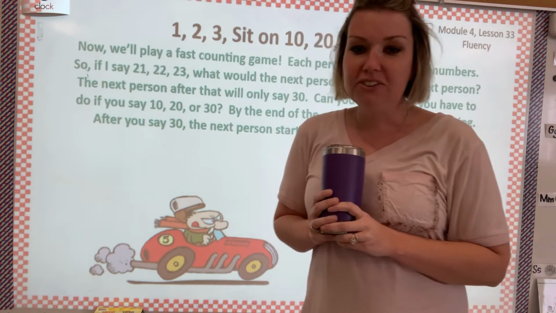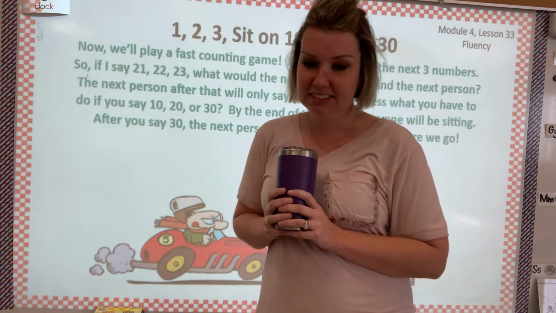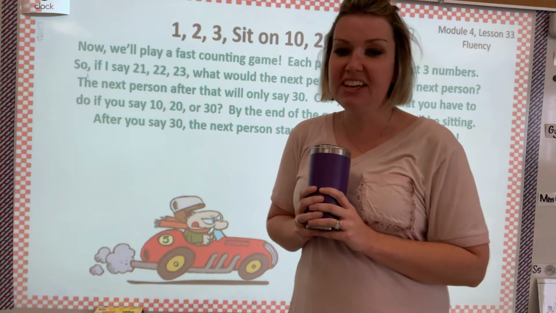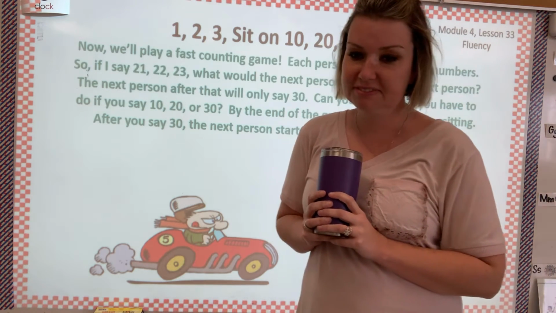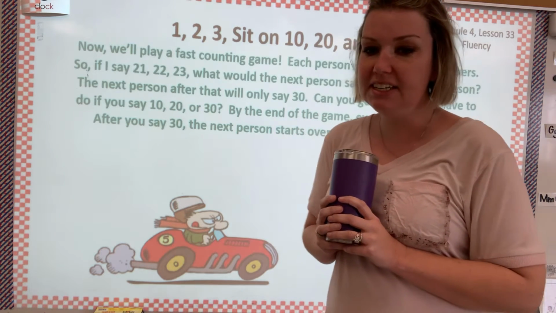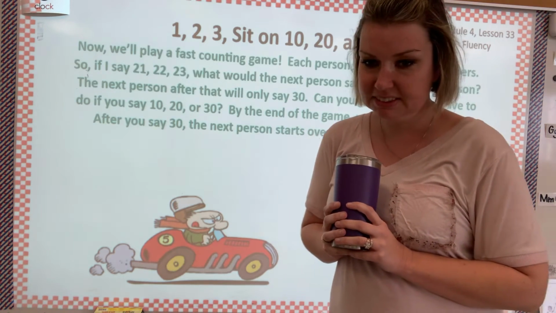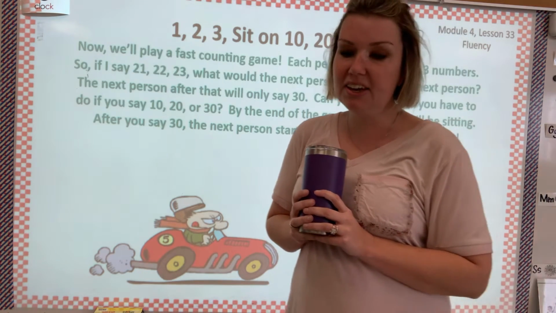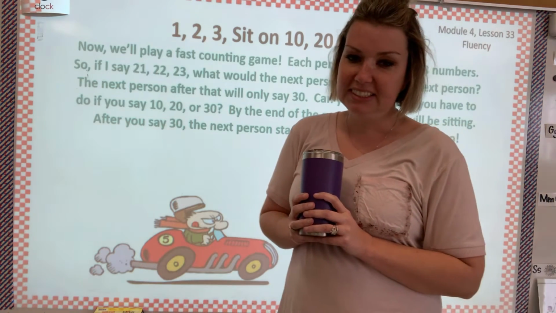All right. Russell, what comes after 10? 11, 12, 13. Good. Estelle. 14, 15, 16. Good. DJ's already sitting down. Smriti. 17, 18, 19. Good. Carolyn, what comes after 19? 20.